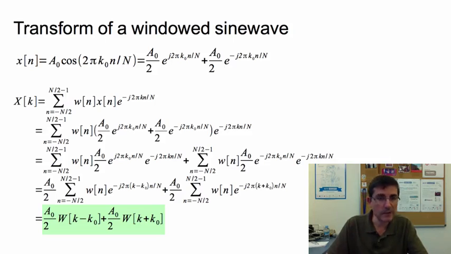One is the minus frequency and the other is the plus frequency. So this will be the result for this cosine: the transform of the window shifted to the frequency of the input signal and multiplied by the amplitude of the input signal.